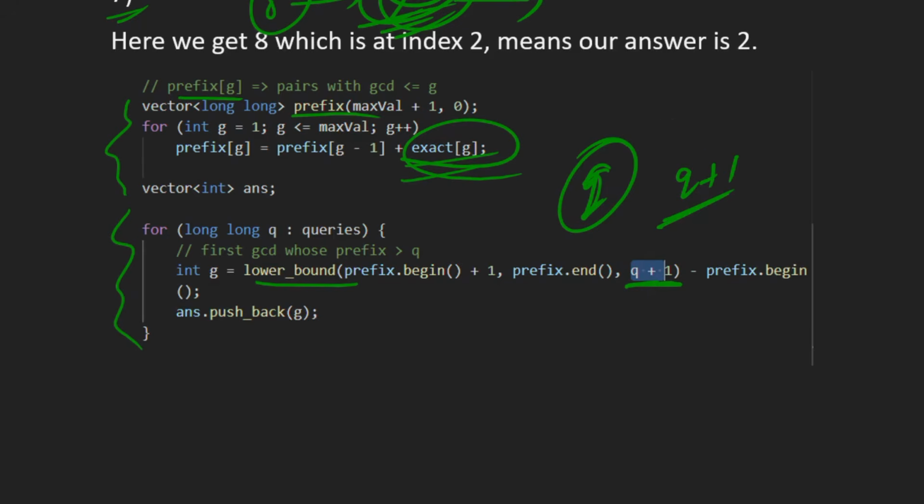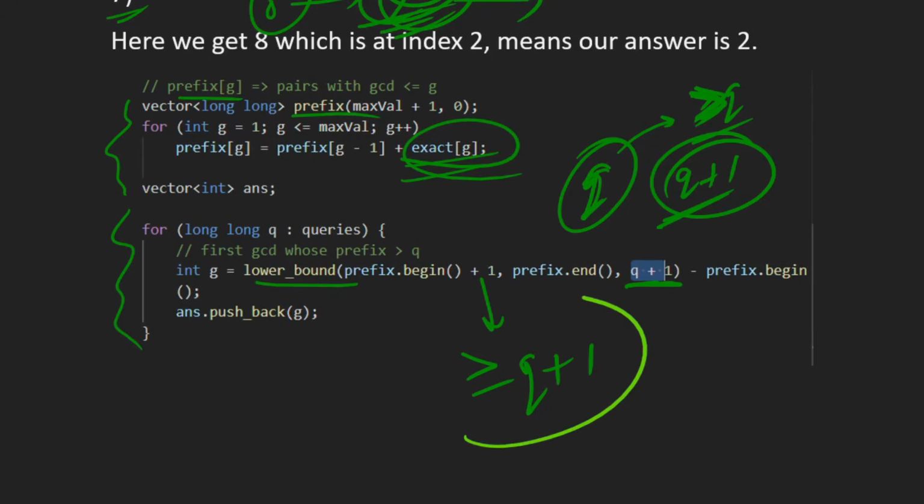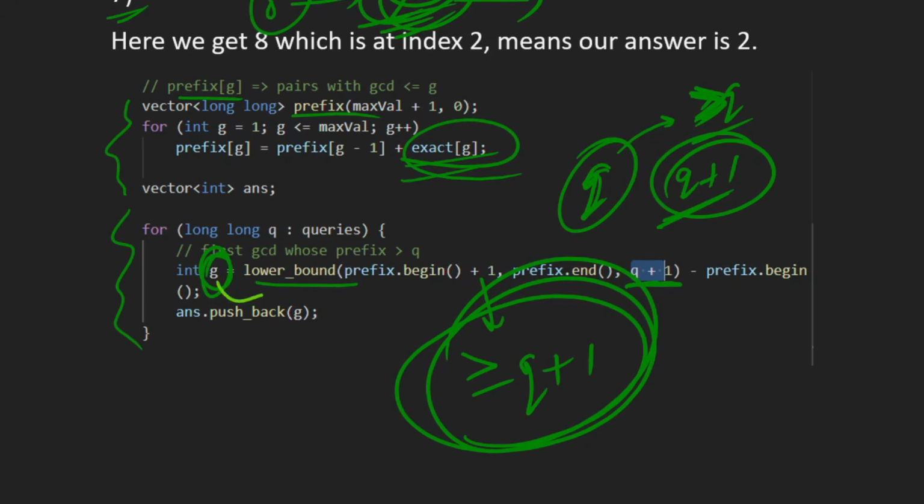That means we are trying to find the first number which is greater than q, not equal to q. That's why we apply lower bound on q plus 1. It gives us the index of the first number with value greater than or equal to q plus 1, and that will be our answer, right?